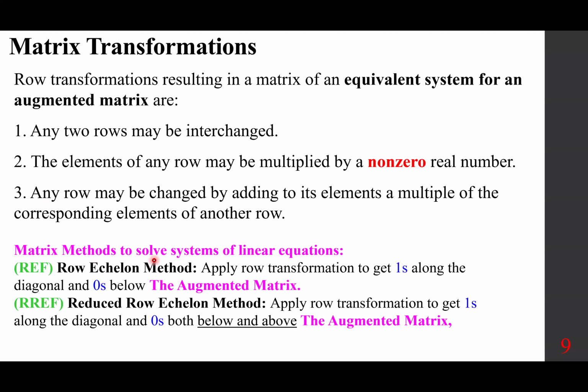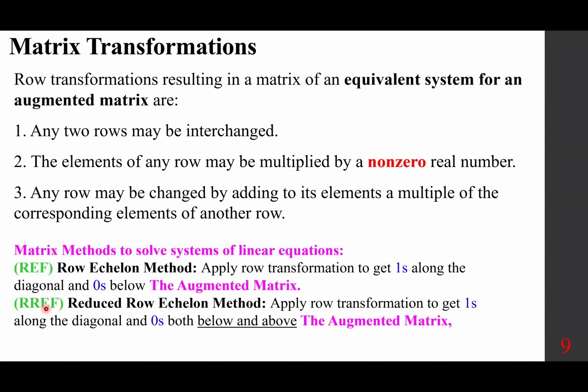Matrix methods to solve systems of linear equations: REF, short for row echelon form. Apply row transformations to get ones along the diagonal and zeros below in the augmented matrix.